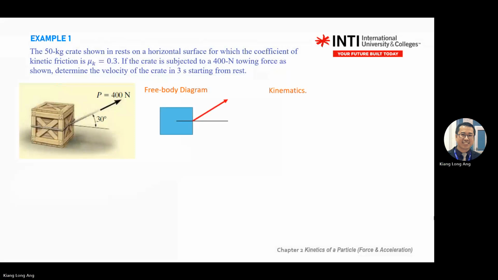Okay. So you put all the forces on the left hand side diagram. In here, you have only one force, which is P, 400 newtons at 30 degrees. And starting from chapter 2, you need to consider the gravitational force, which is always acting from the center of the object.